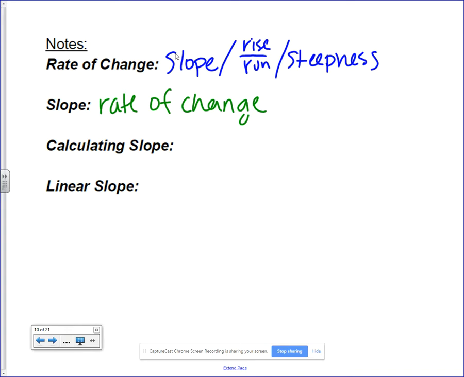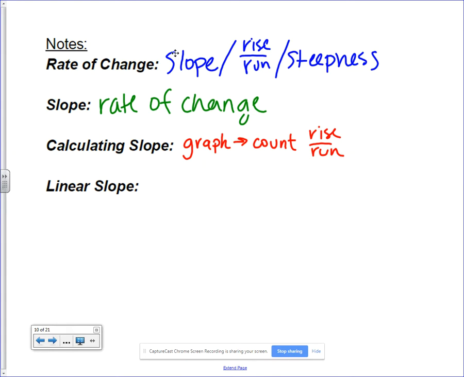Calculating slope. First of all, if you have a graph, you are simply going to count the rise over the run. That was the easy part, right? Counting rise over run.